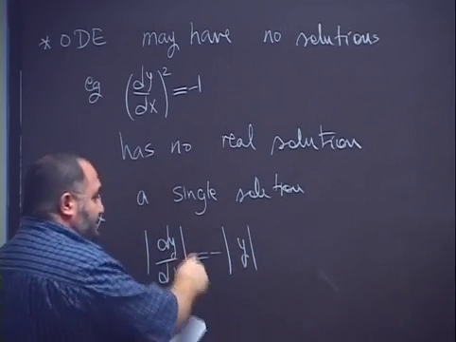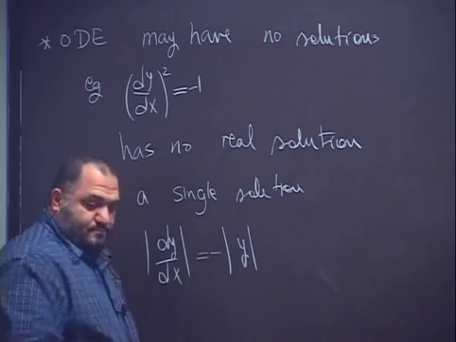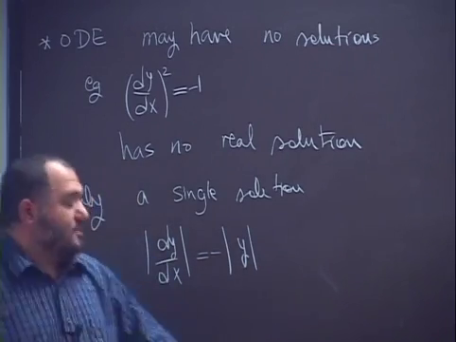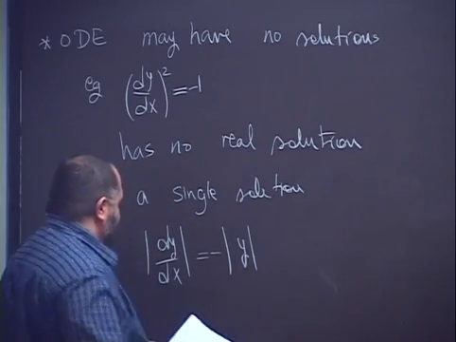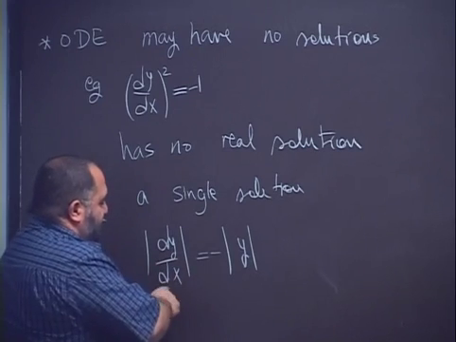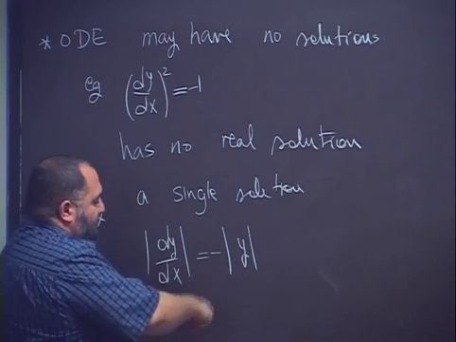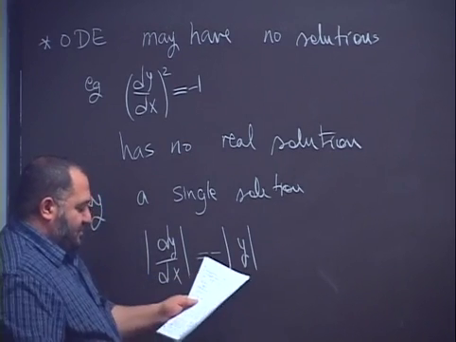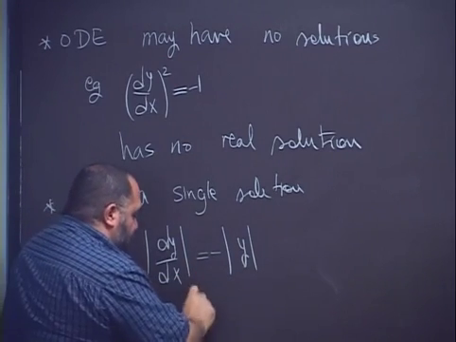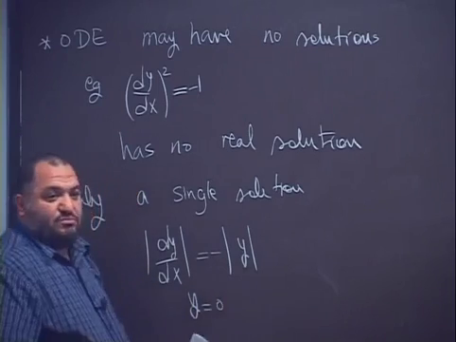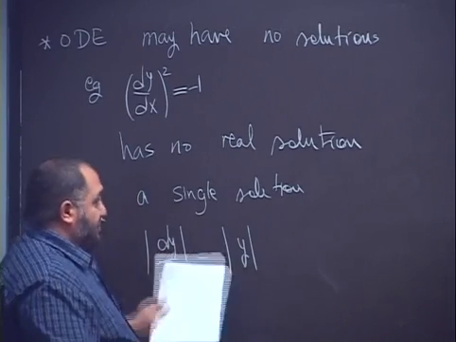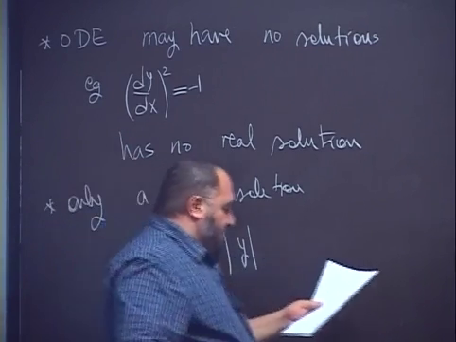So what solution satisfies this? What do you think? A function that if you differentiate it with x, and you take the absolute value, will give you the absolute value of the same function. There is no solution but y equal to 0. So this is the only solution for this differential equation.